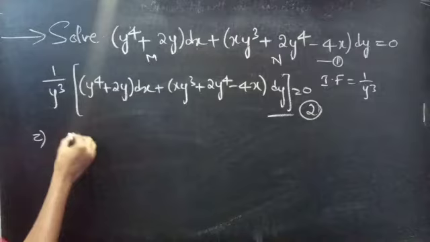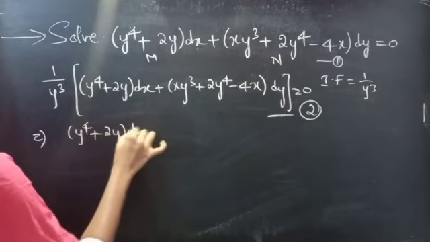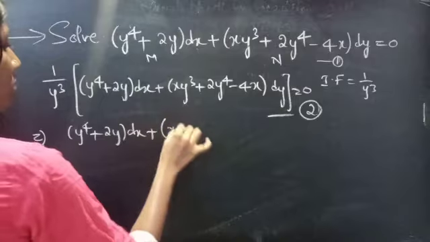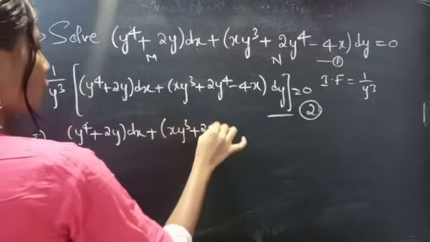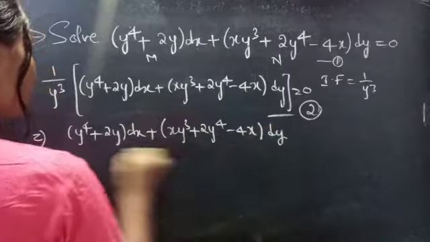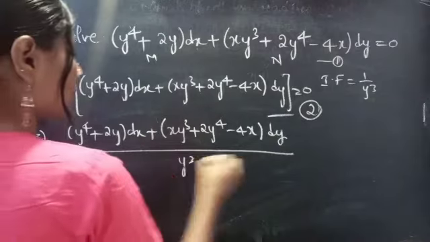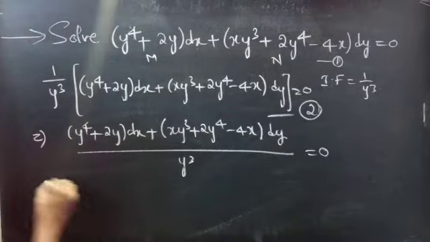You can write the above as y power 4 plus 2y into dx plus xy cube plus 2y power 4 minus 4x into dy, all by y cube, equals 0.